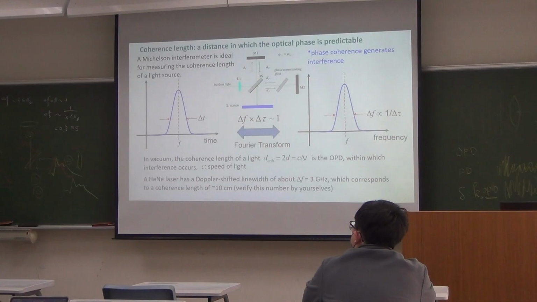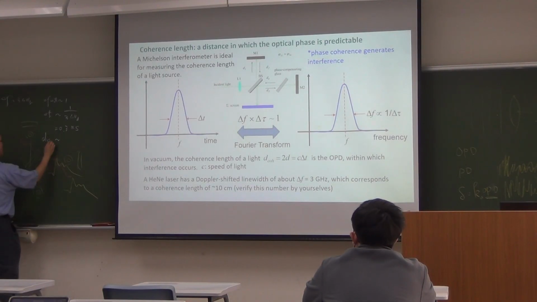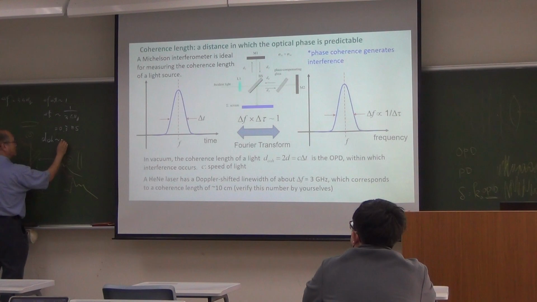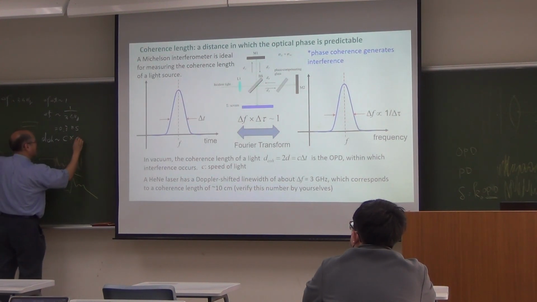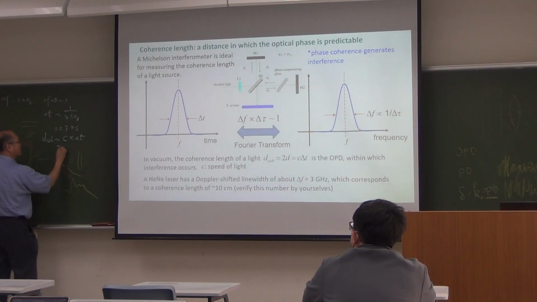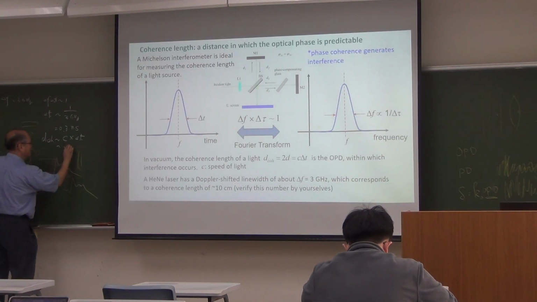Right? And then the coherent length, L coherent, is about the speed of light multiplied by delta t. This is about 10 centimeter.